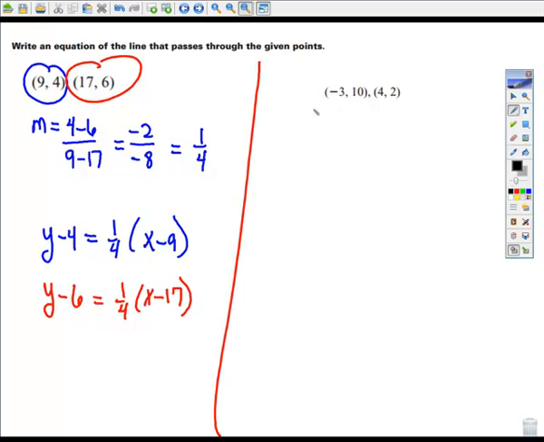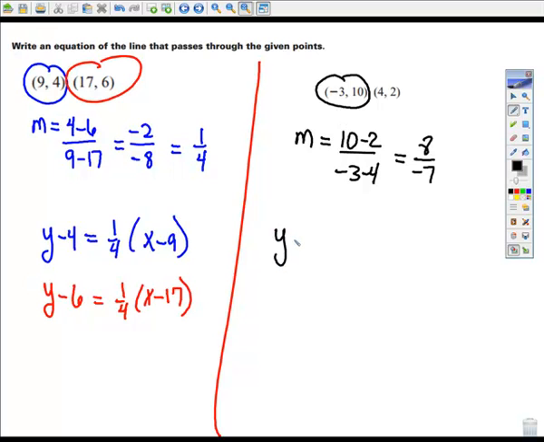Next, same sort of problem. My slope again, 10 subtract 2, negative 3 subtract 4. This gives me 8 over negative 7, so negative 8/7. I'll just leave it that way. First point, y subtract 10 equals negative 8/7 times the quantity x subtract negative 3, which is plus 3.